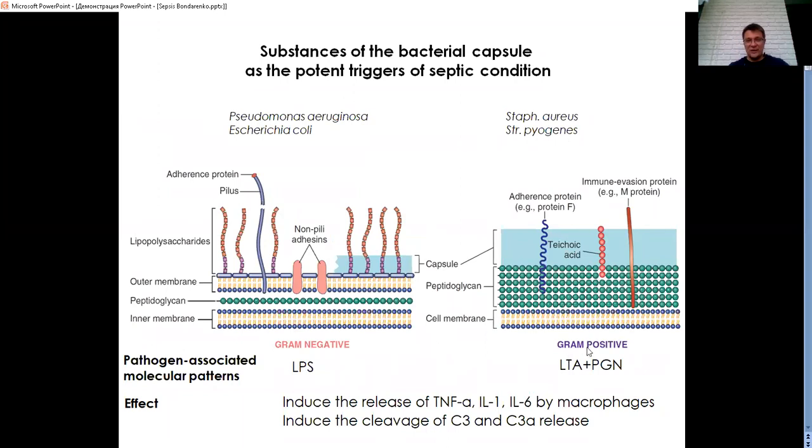Then, after the invention of antibiotics, some antibiotic-resistant gram-negative organisms like Pseudomonas aeruginosa raised their heads and started to produce more cases of sepsis, and that's why in the 60s and 70s of the 20th century we saw the predominance of gram-negative sepsis.